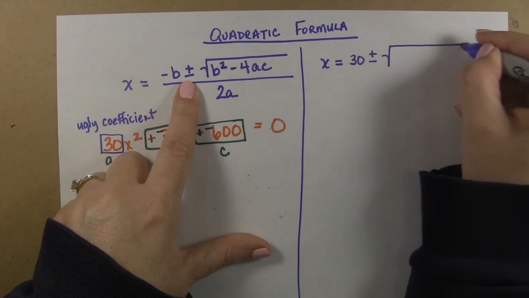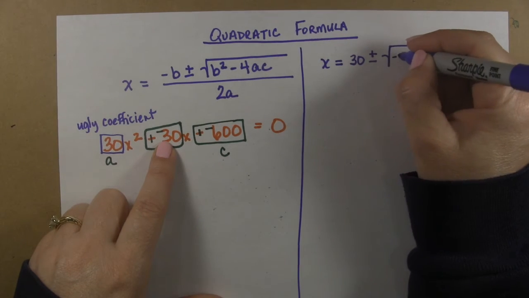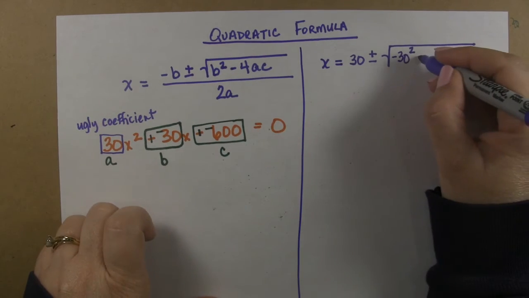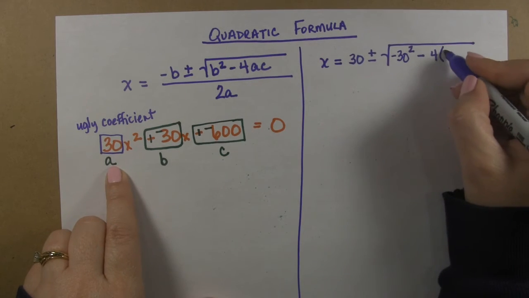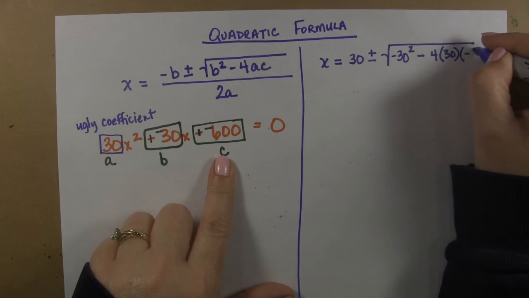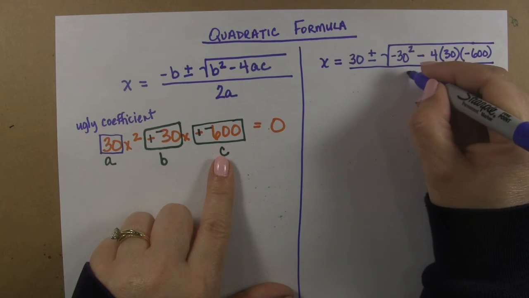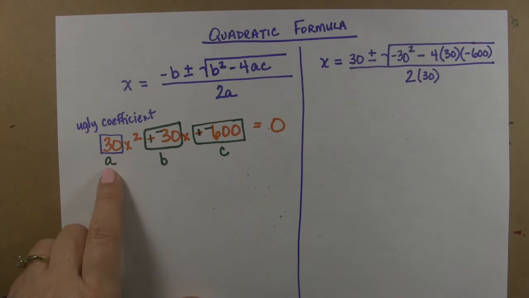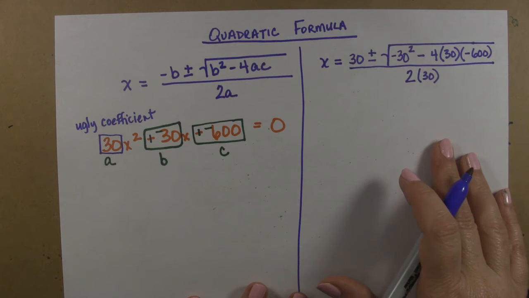And then I have a square root sign, and underneath that I have b squared. My b, remember, is negative 30 squared. Minus 4 times a, which is also positive 30, times c, which is negative 600. And I put that all over 2 times a. And my a, remember, is 30.